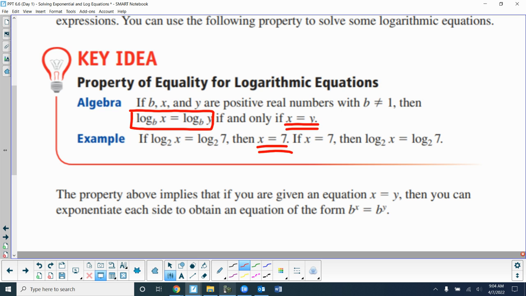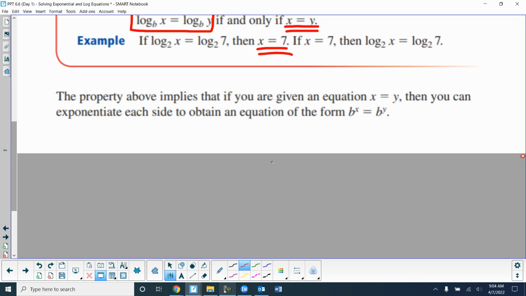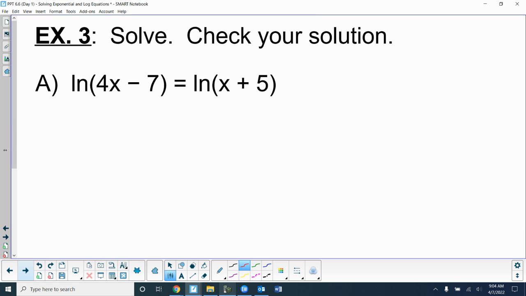All right? Now what we're going to do is turn logs into exponentials. Remember we were doing exponentials to logs last week and logs to exponentials? When we do these log problems, we're gonna turn them into exponentials, which you guys were good at. So it's just doing that again. Now, I got the natural log of 4x minus 7 equals the natural log of x plus 5. Those are the same base, right? What is the base for natural log again? E, not 10. 10 is for just plain log, right? So I can just drop these, since they're exactly the same. And there's just one on each side.